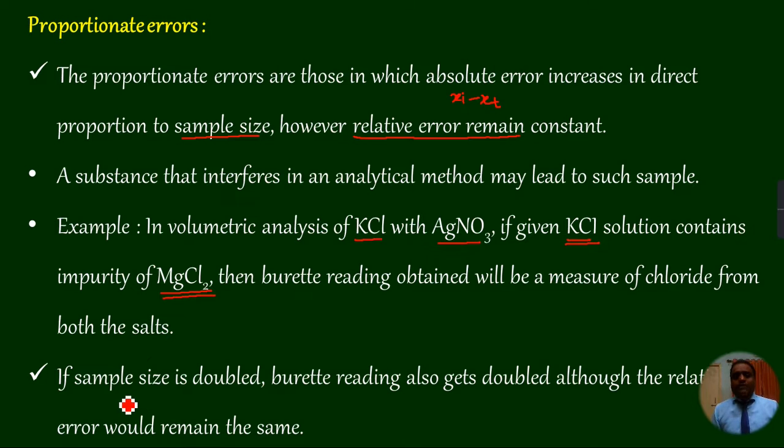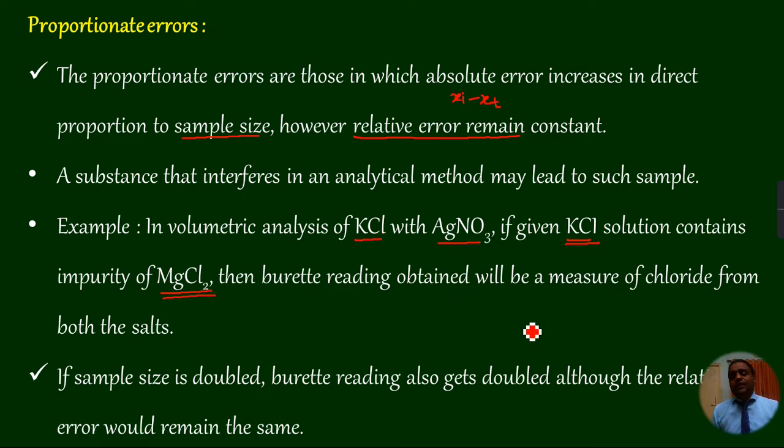So if the sample size is doubled, the burette reading also gets doubled, although the relative error would remain the same. Now how does this relative error remain the same? Because relative error is a simple ratio of absolute error to the true value.